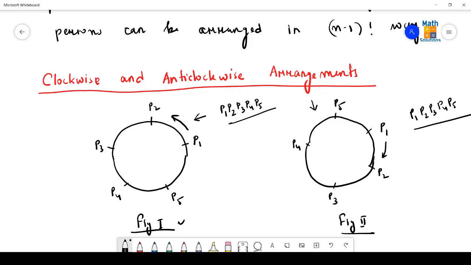Here in this case, if we proceed anti-clockwise, P1 has one of the neighbors as P2 and the other neighbor as P5. And in this case also, if we proceed clockwise, then P1 will be having the same neighbors P5 and P2. The only difference is what? In the second case, P2 changes his position, means he changes his side, nothing else.